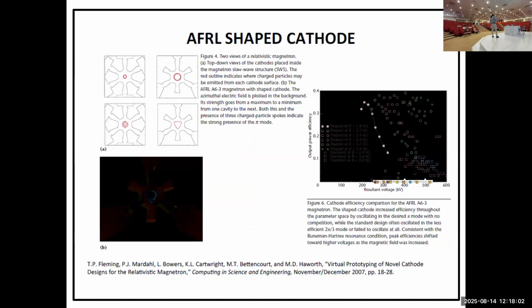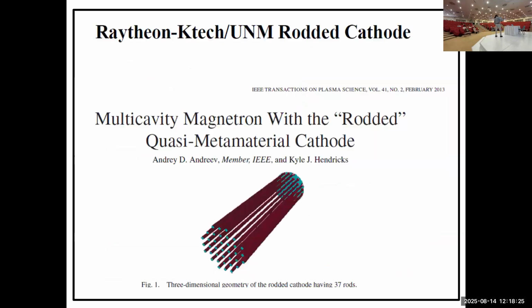So after having the transparent cathode and seeing some improvement, AFRL started having what they call a shaped cathode. Instead of a solid one, they have different shapes to enhance the generation of electrons instead of priming. And they got some okay results too.